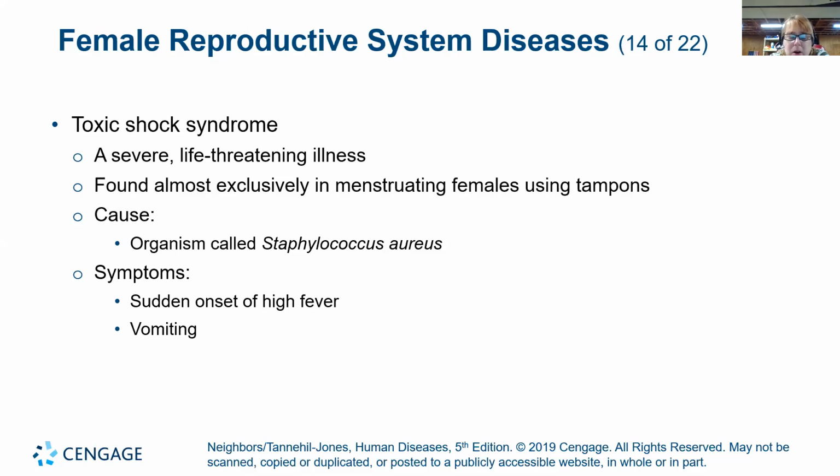And so it occurs. One of the symptoms is a very sudden high onset fever and vomiting in a menstruating woman. Okay. Now, if you're a female and you forget once in a day, it's probably not going to be bad. It's when it's done on a regular basis.